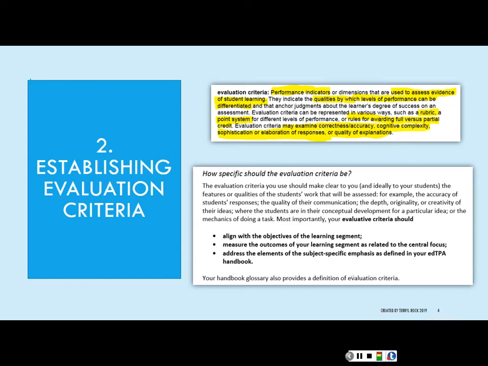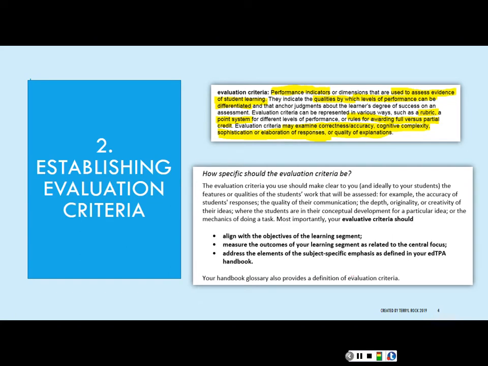Sometimes I can read these definitions and I'm just as confused as I was before I read it. But this is how you're going to assess the evidence of student learning. What are the qualities of the performance that you want to see? For instance, how do you decide if you're going to give full credit or partial credit? How are you going to decide if this person is proficient or advanced or above proficient or needs improvement?